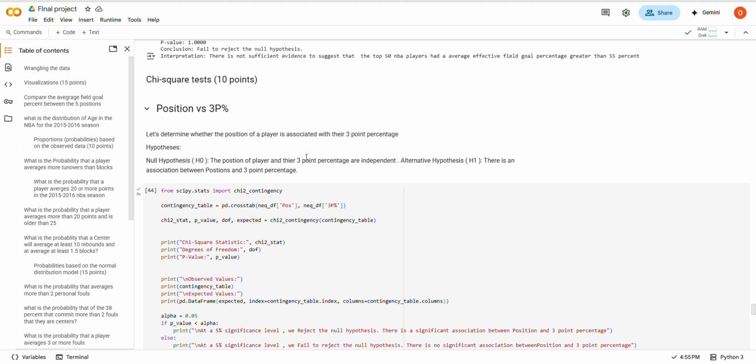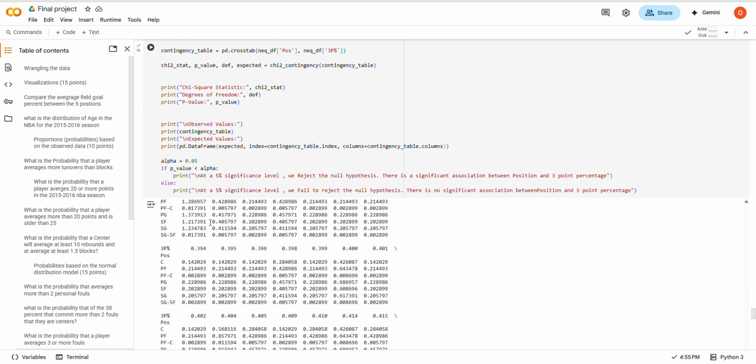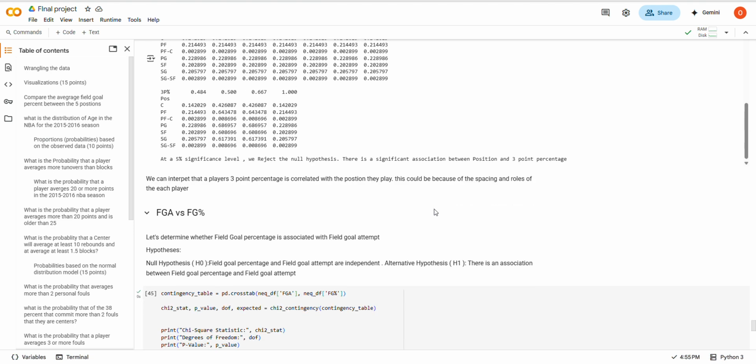And our null hypothesis is that the position of a player and their three-point percentage are independent. The alternative is that there is an association between the position and the three-point percentage. So this is me importing the chi2_contingency, and then we made our contingency table, and then we ran this code, and these are the contingency tables that we had.